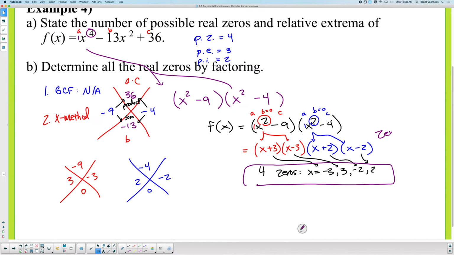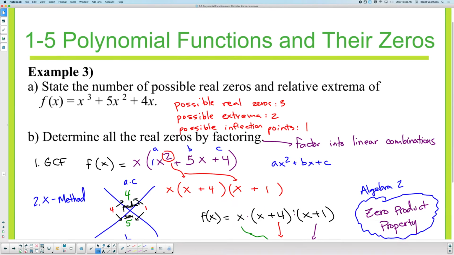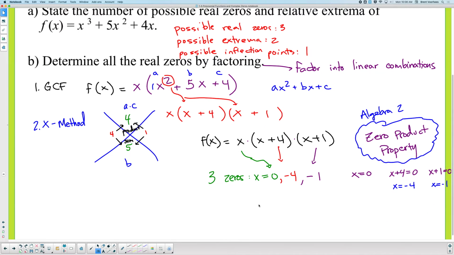This is zero product property. If you want to look that up later, that's what you Google. I don't know if I made it clear what my answer was this time. Let me box that up so if you're looking back at notes, that is our answer to the previous problem.